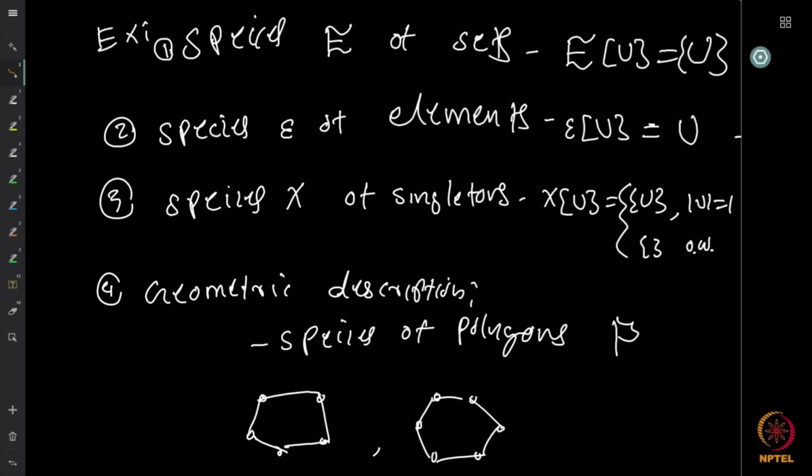So that is the species of sets. Now I can talk about the species of elements. Given a set U, I can talk about the elements. Small e or epsilon is used for this.